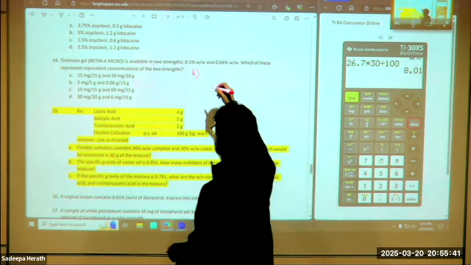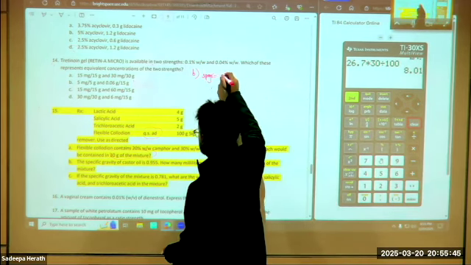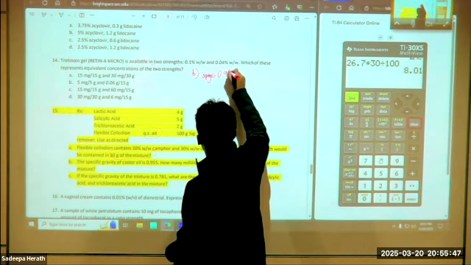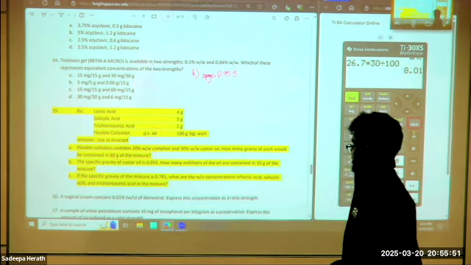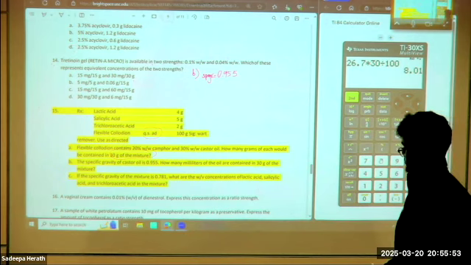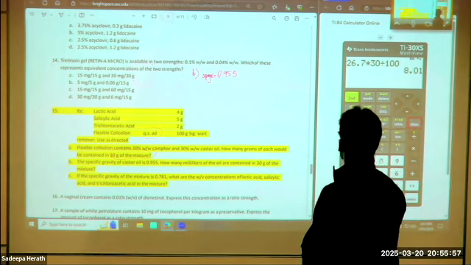So let's actually write that down first. Specific gravity 0.955. How many milliliters of the castor oil are contained in 30 grams of the mixture?